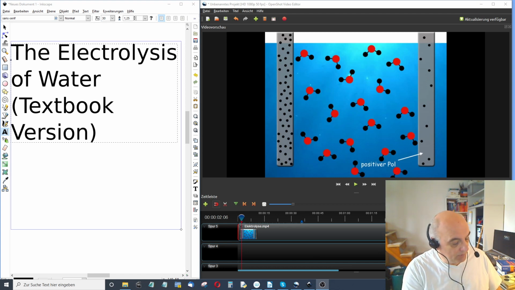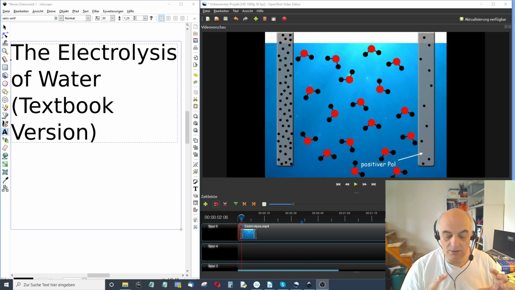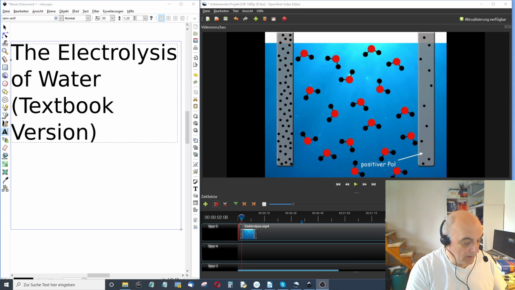And the first thing that is obvious is that in the chemistry they very often use formulas. But the formulas do not represent what's really happening. The formula is more a summary of what is really going on.